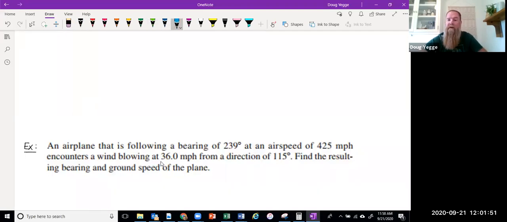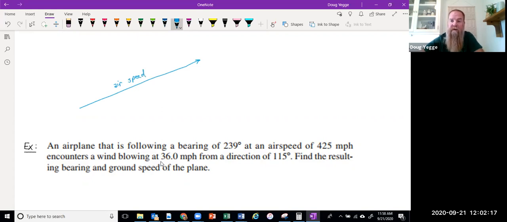Now, in some applications, we deal with flight and bearing, and there are a few different vectors that act on a plane when it's in the air. One thing is referred to as the airspeed. Let's say that a plane has a particular airspeed designated by a vector. The reason it's so long is because planes are going relatively fast.